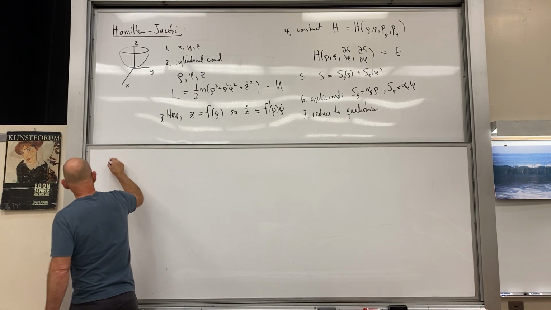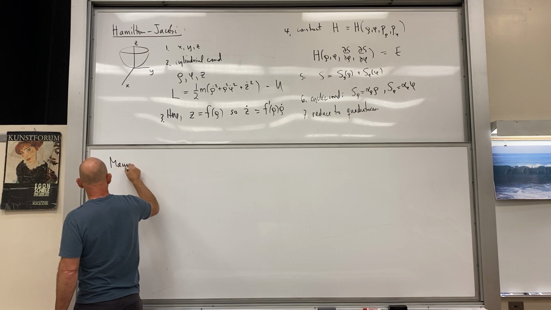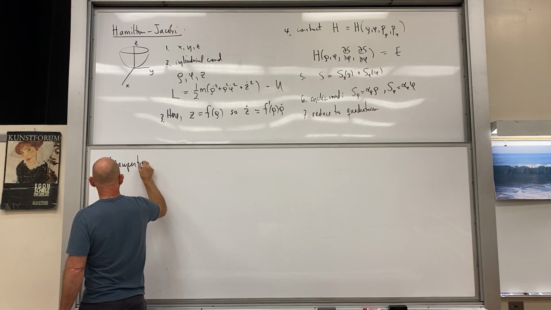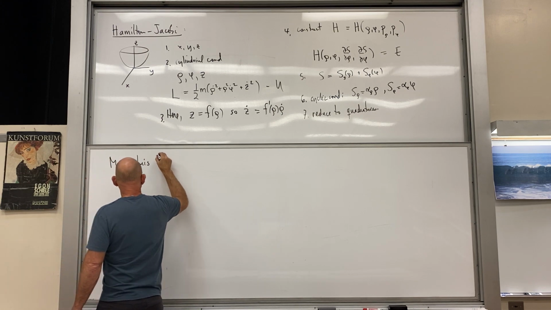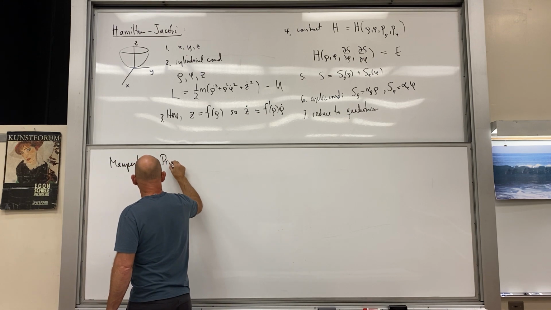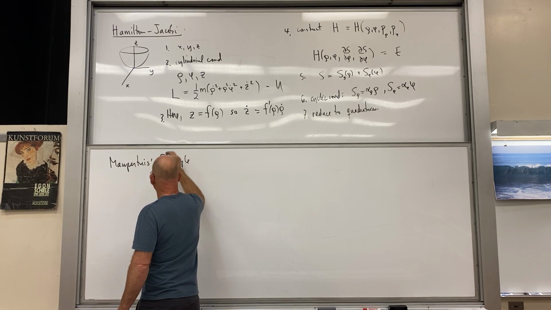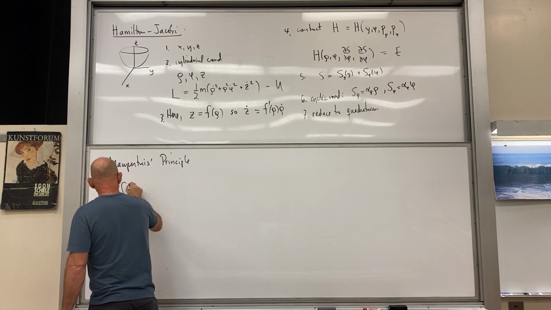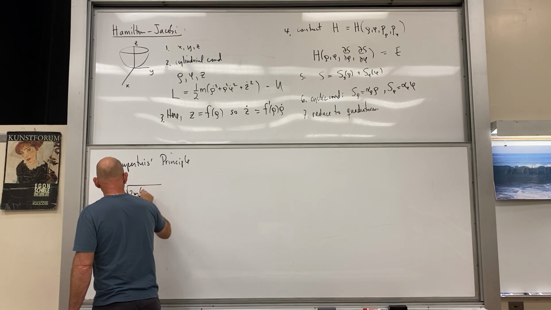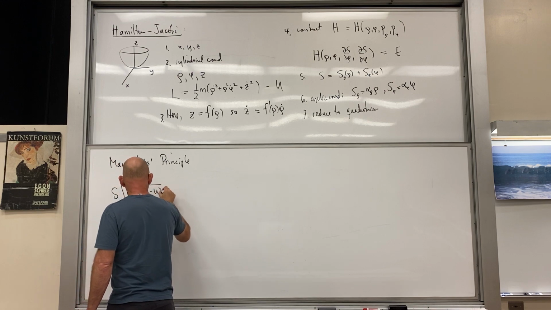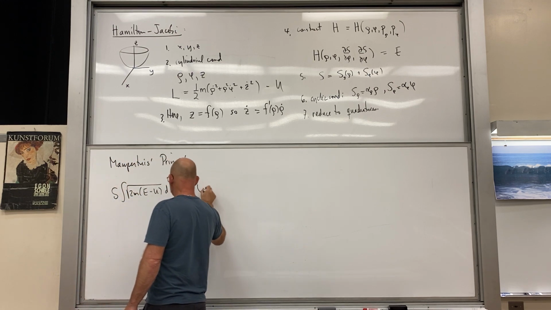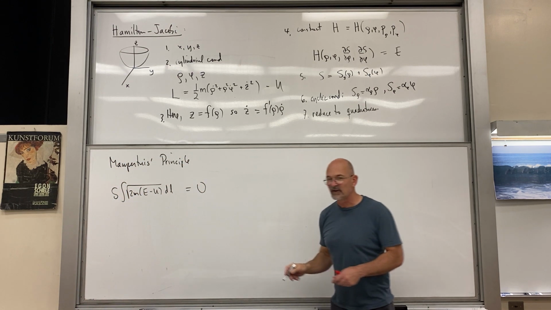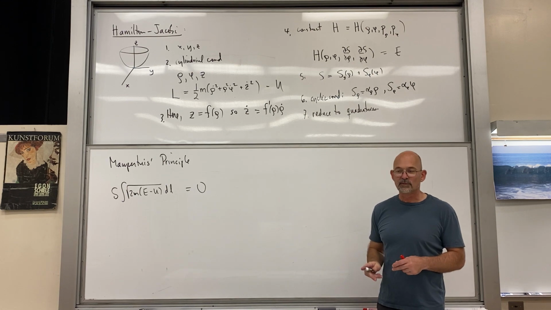So Jacobi's principle, that's this variational principle, the integral of root 2m(E minus U) dl equals 0. The last time we saw something like that, we called it Fermat's principle.